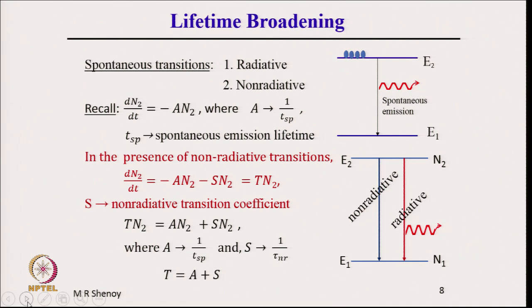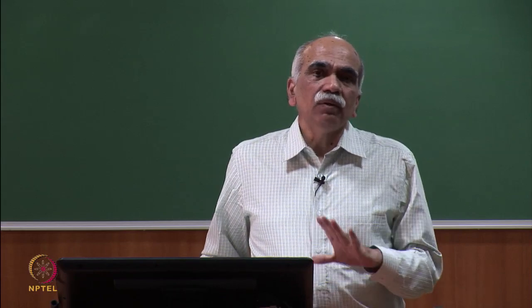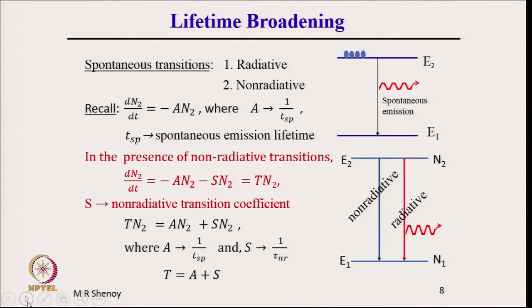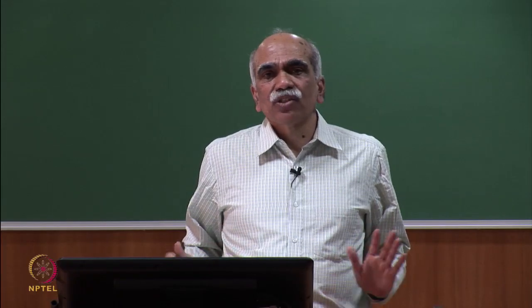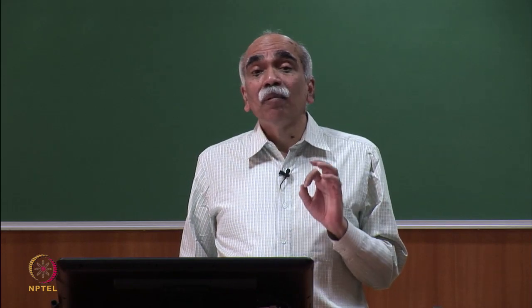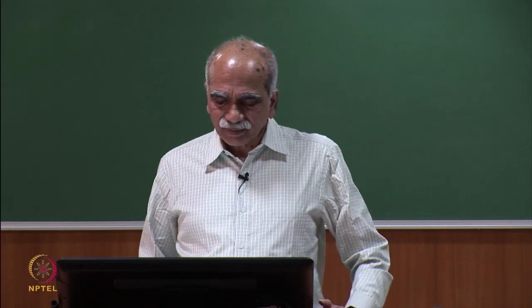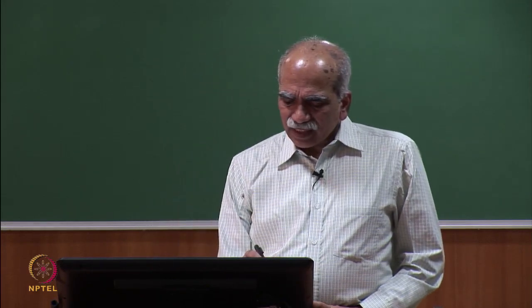So far I discussed qualitatively about the line broadening mechanisms, and now let us see, with a simple classical approach, how to get the line shape function G nu, which again, remember, determines the amplifier bandwidth and the response of the amplifier. Okay.